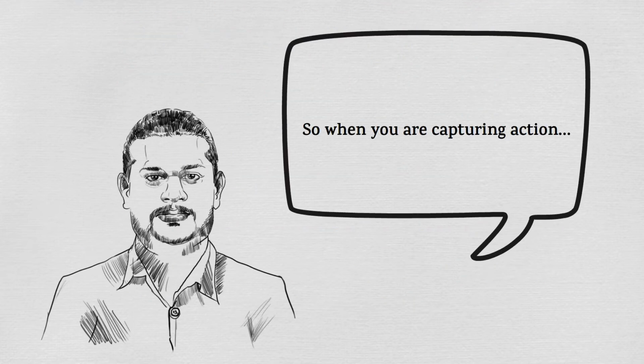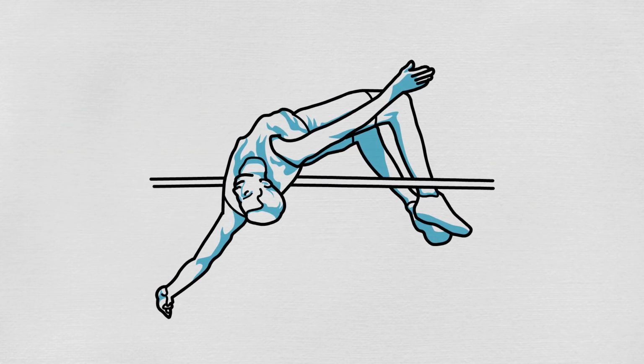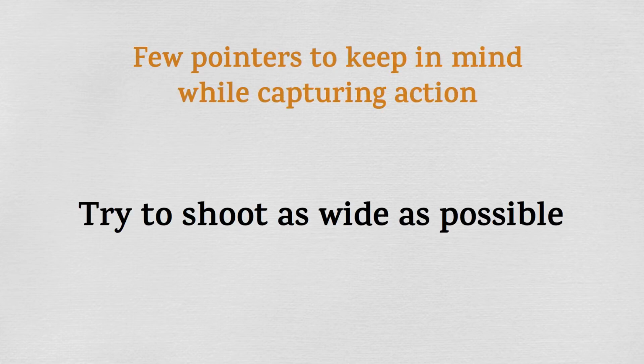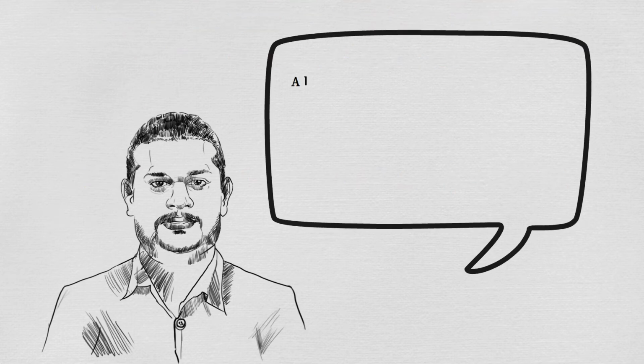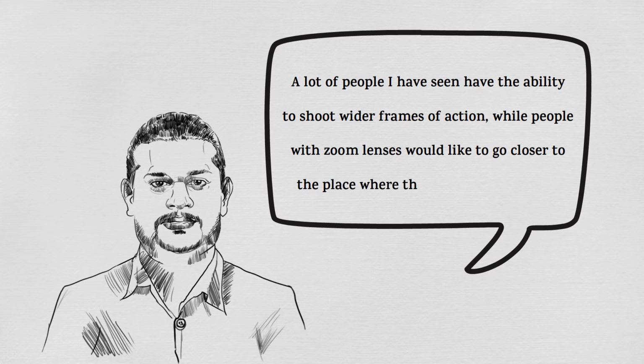So when you are capturing action, be it wildlife or any sports, a few pointers you need to keep in mind is to try to shoot as wide as possible. A lot of people I have seen have this ability to shoot wider frames of action, while people with zoom lenses would like to go closer to the place where the action is happening.